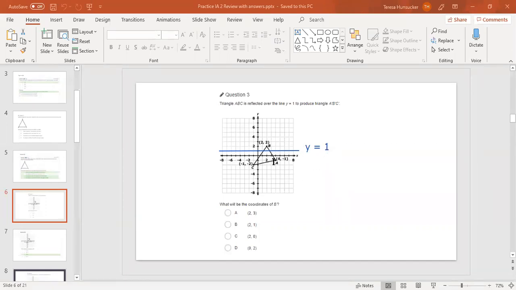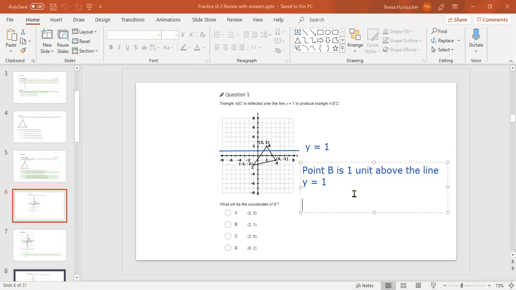Since point B is at 2, 2, we know that point B is 1 unit above the line y equals 1.